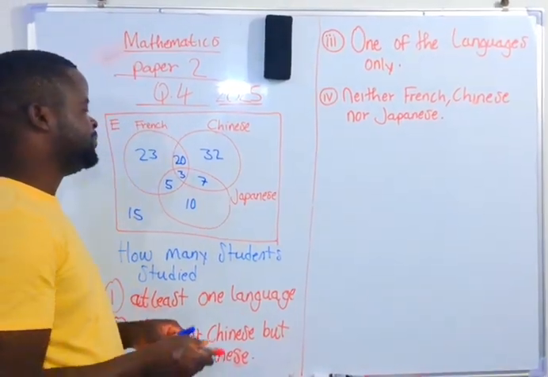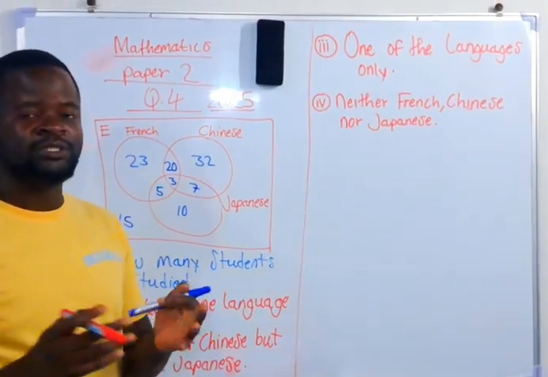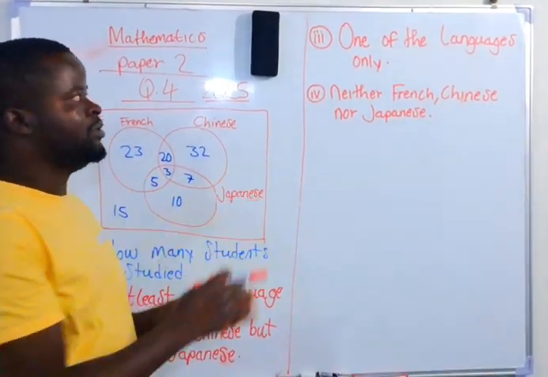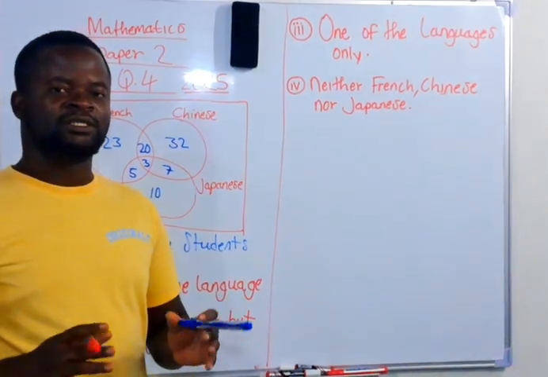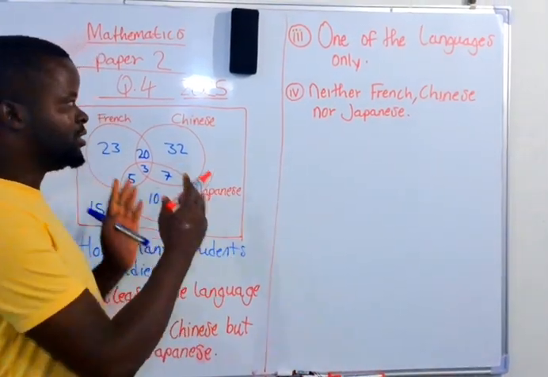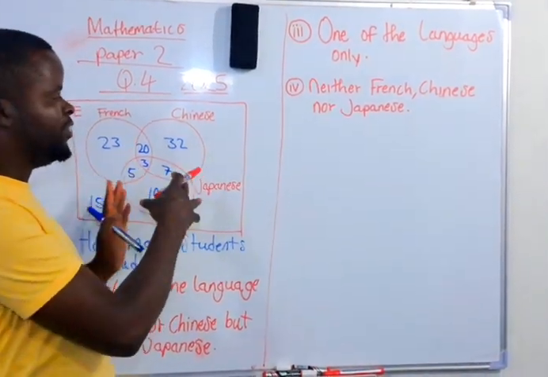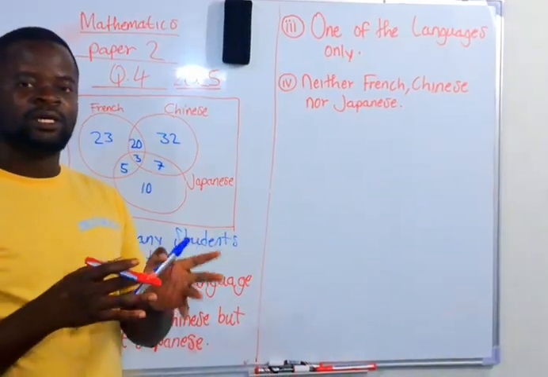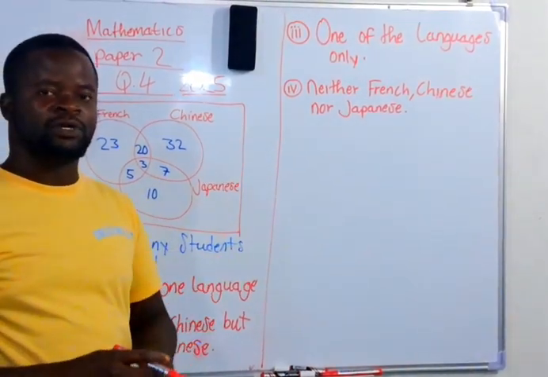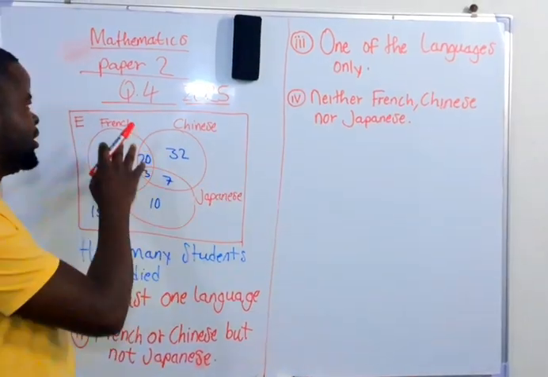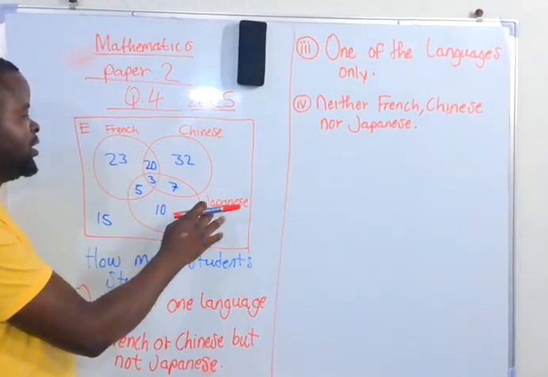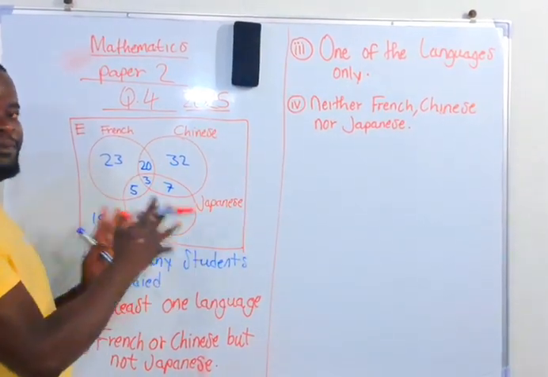There was a statement, which the board is not enough to accommodate in full, explaining the Venn diagram: a survey was conducted to inquire about students who studied French, Chinese, and Japanese at a particular school.